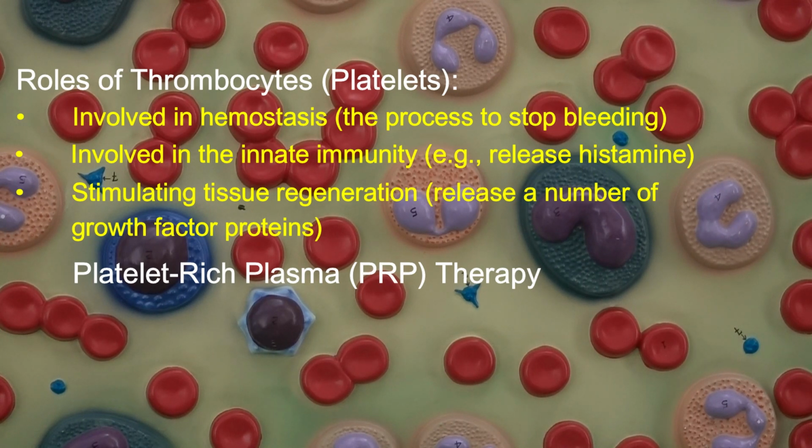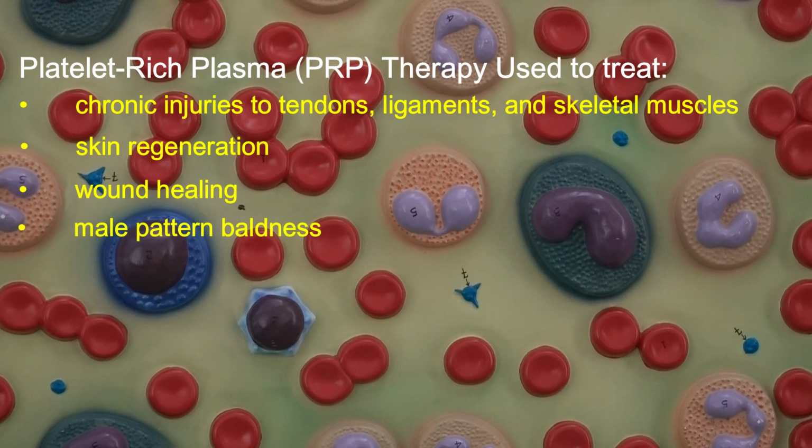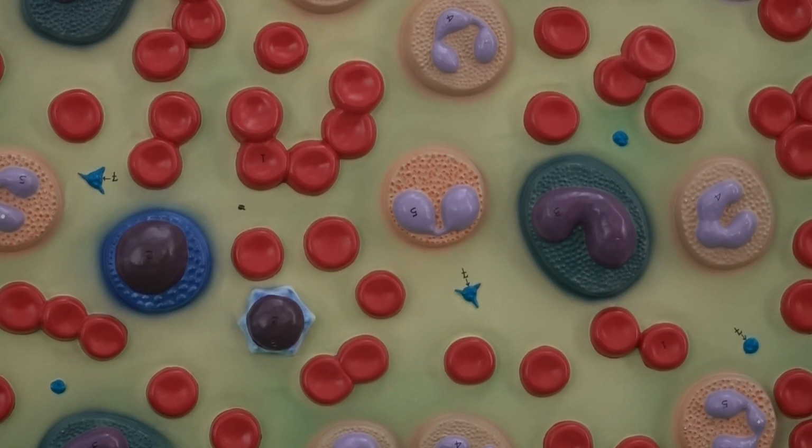In general, for patients dealing with a chronic injury to, for example, tendons, ligaments, skeletal muscles, or skin, let's say due to physical trauma, explosion, burn, and such, or who have a problem in wound healing, let's say the size or depth of the wound is more than what the body is capable of healing fast enough, or even in male baldness, what we can do is inject a concentrated amount of platelets into the body of these patients exactly near the spot where we would like to speed up and enhance tissue regeneration.